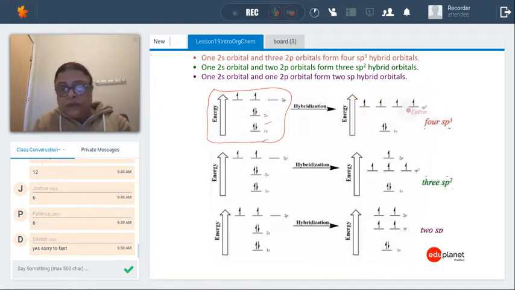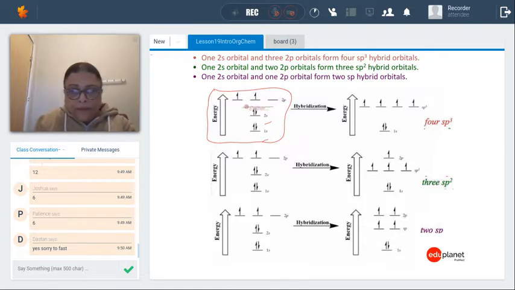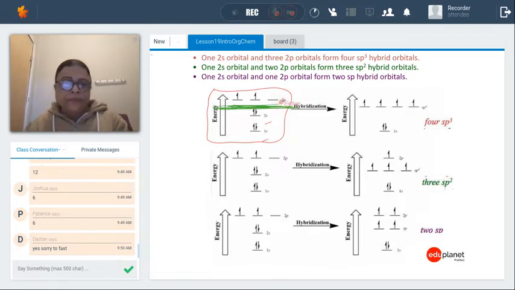The 4 new orbitals are lower in energy than the p orbitals and a bit higher than the s. So it will be somewhere here, a bit higher than the s, a bit lower than the p.